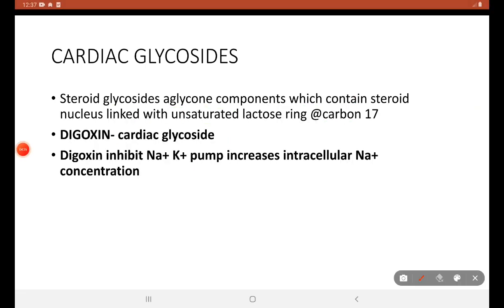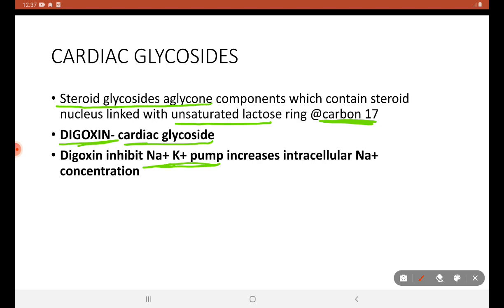Next, about cardiac glycosides or steroid glycosides, an aglycone compound which contains a steroid nucleus linked with an unsaturated lactone at the 17th carbon. For example, digoxin is a cardiac glycoside.